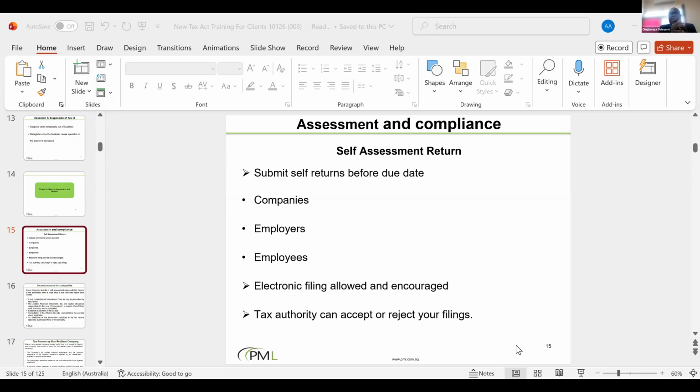So every company is expected to file a self-assessment return with the service at least once a year, and such return shall contain, one, a duly completed self-assessment form as may be prescribed by the service. This is not really new in the sense that companies on a yearly basis file their returns through Tax Promax, saying this is our account, and then you self-assess, then you pay the tax.